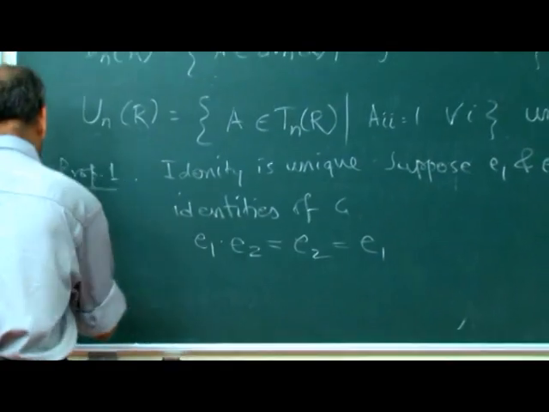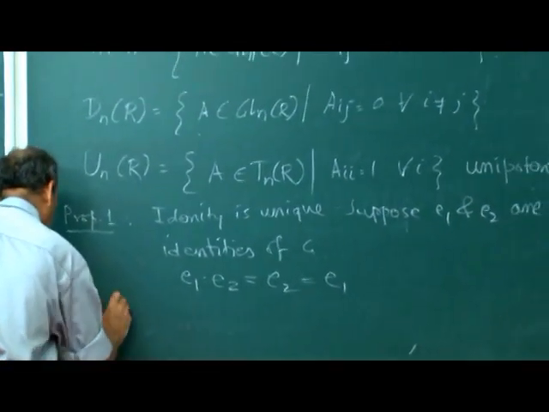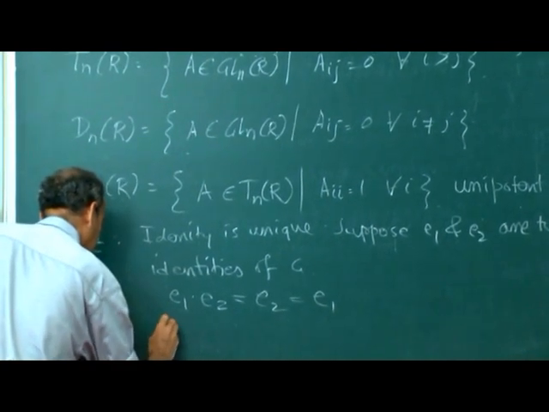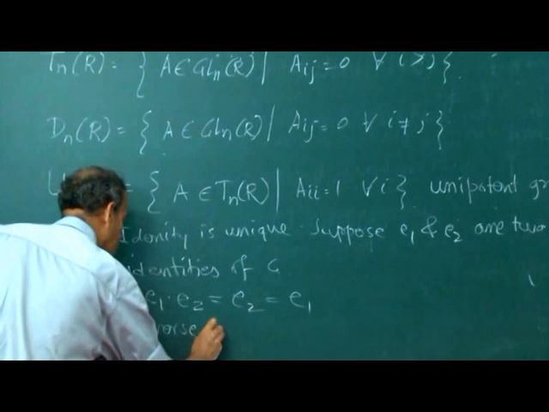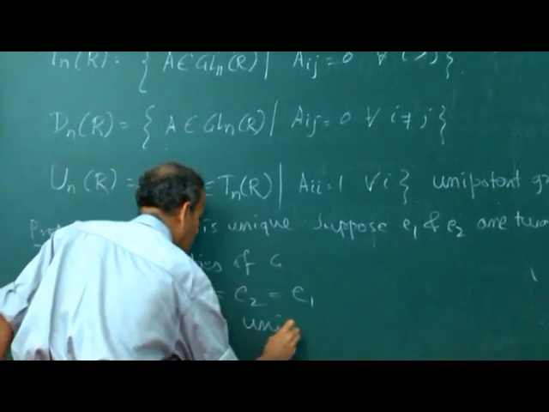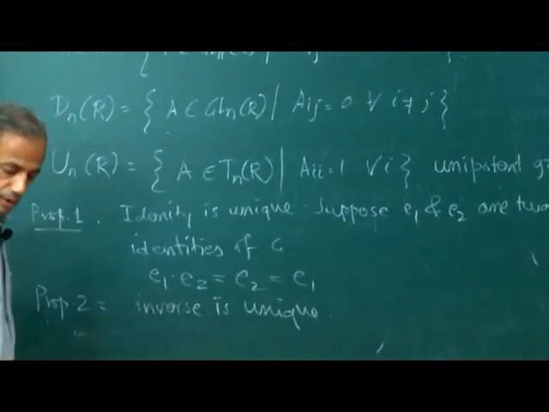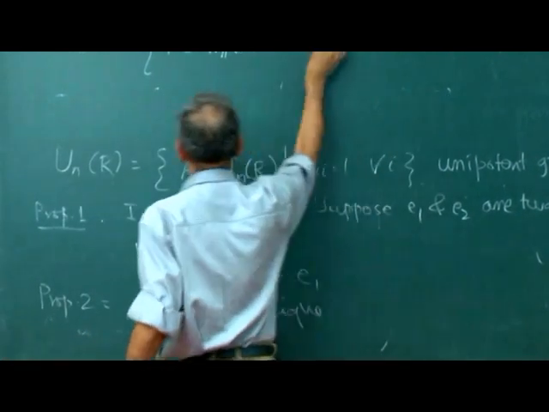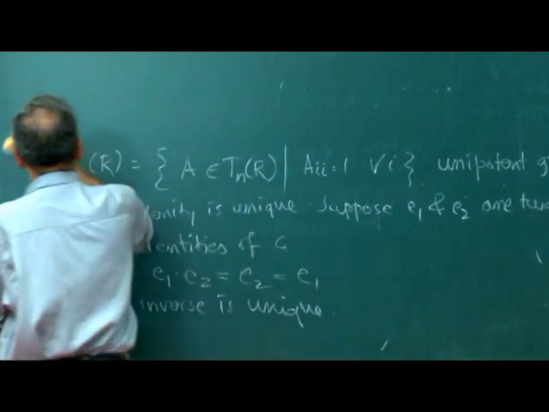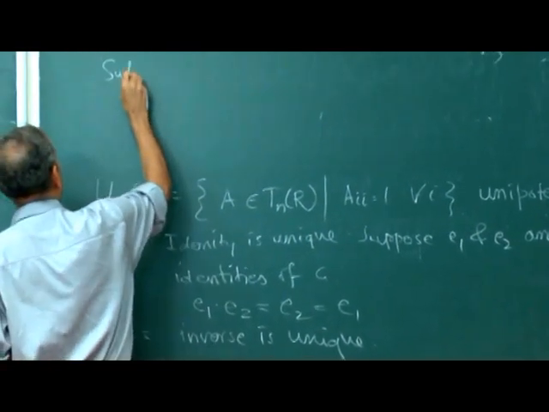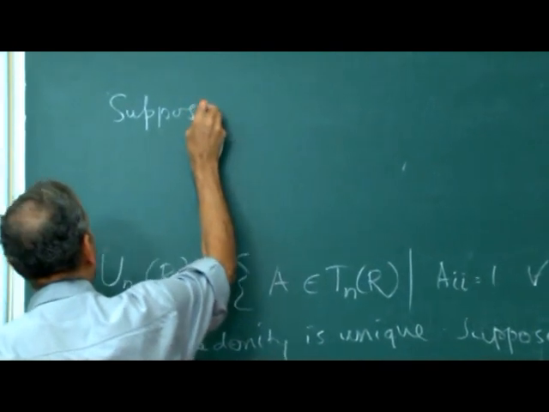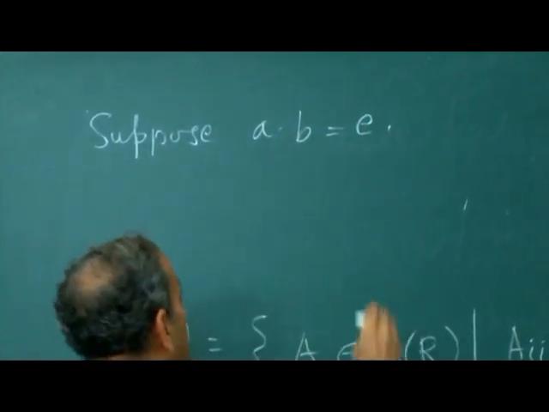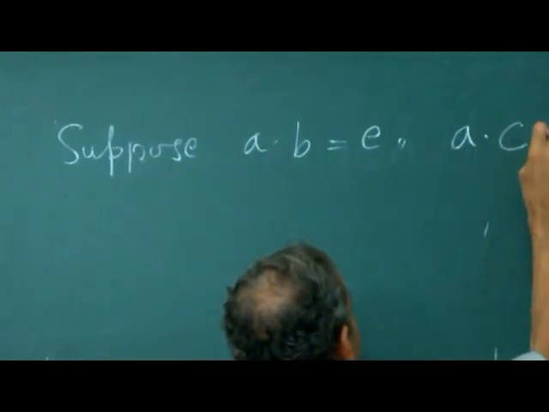Similarly, property 2: inverse is unique. That means suppose A has two inverses. Suppose A times B is identity and A times C is identity.